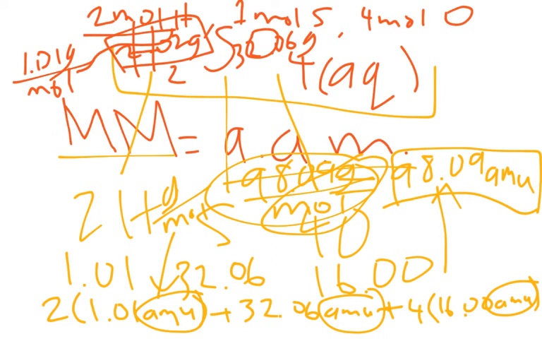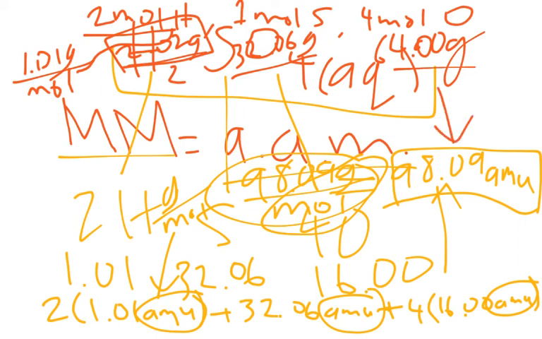And the molar mass of O is 16.00 grams per mole. Since you have 4 moles, it would be 64.00 grams. If you add all these grams together, you will also get 98.09 grams, and that is per mole of H2SO4.